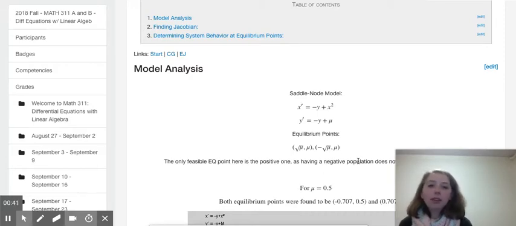So putting that mu in for the y gives you two separate equilibrium points: a positive square root of mu, and a second one, which is a negative square root of mu. We're not considering that negative square root of mu, because you can't have a negative population and be able to accurately get any information from that sort of data.